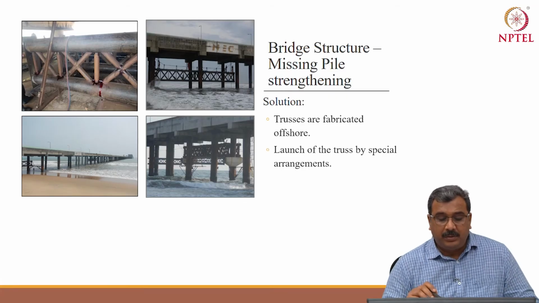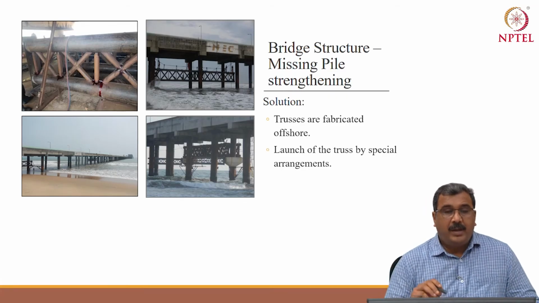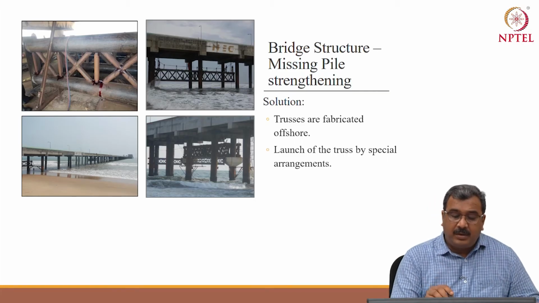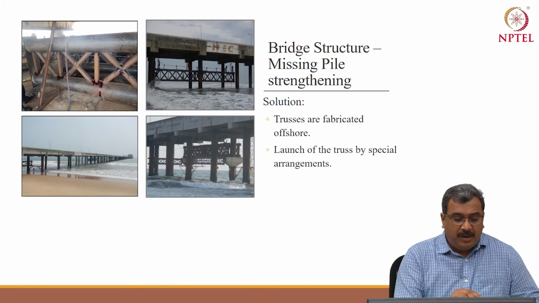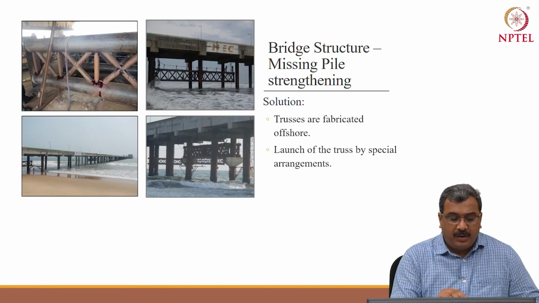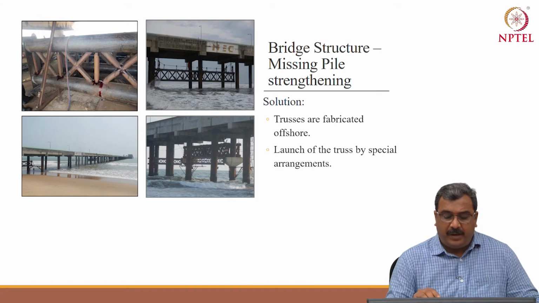But thanks to the contracting team, they carried this truss by launching it using a winch from the existing support of the bridge by means of a wire rope, and the whole truss was launched from shore right up to the brackets and placed on the two brackets.